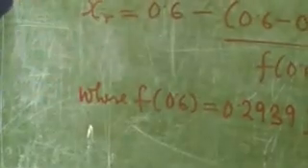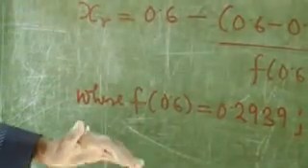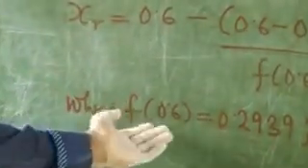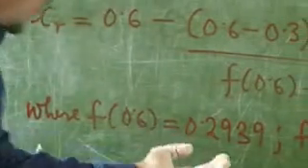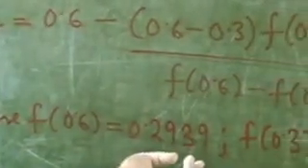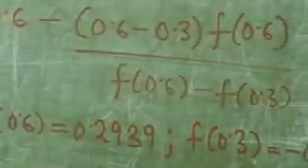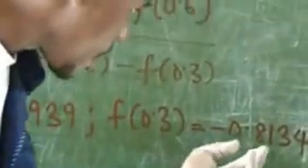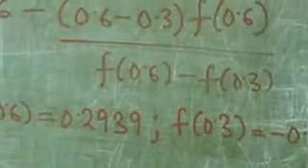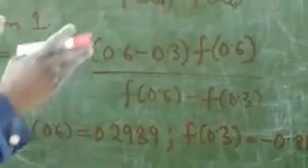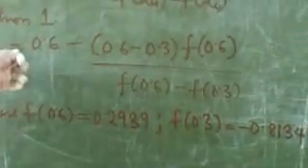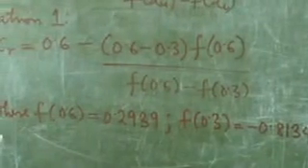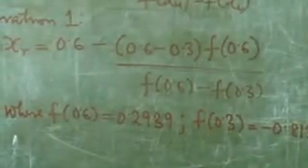Good. Right away, from my calculation, f of 0.6 is 0.2939 and f of 0.3 is negative 0.8134. So all you have to do is substitute those values into this equation and get the value for XR.